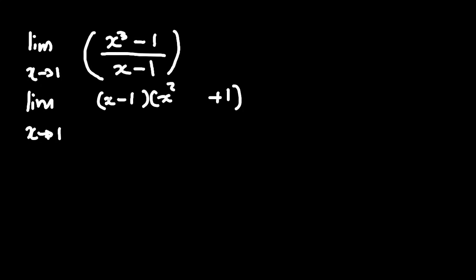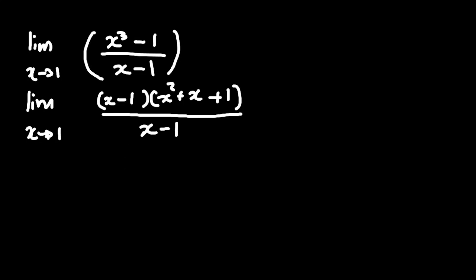Then I come here and say negative x times negative 1, I get negative 1, then change that sign to positive. x times negative 1, I get negative x, and then I change that sign to positive x, then I divide by x minus 1 here.